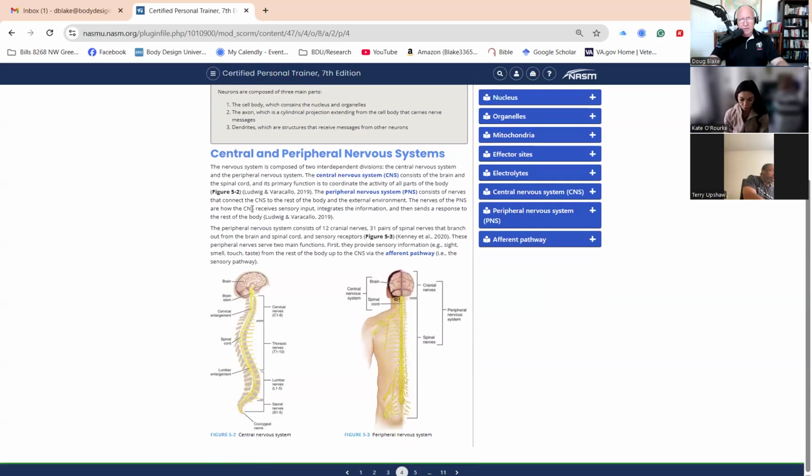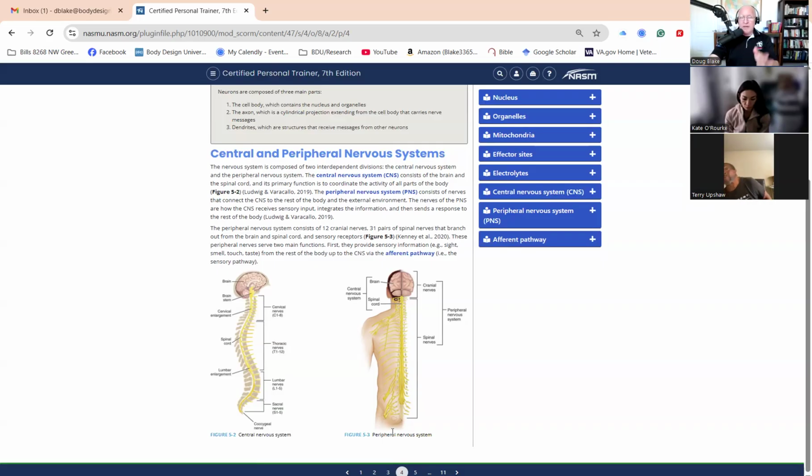And now they're going to give you the breakdown of the two parts of the nervous system, right? So the central nervous system, and they're showing you that. Does everybody see this? This is the brain stem and the spinal column. And then there's the peripheral nervous system, which is what?